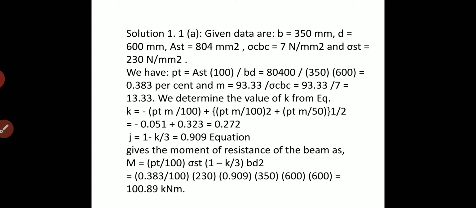So here we put the values of K, K equal to 0.272, and after solving, J equal to 0.909.